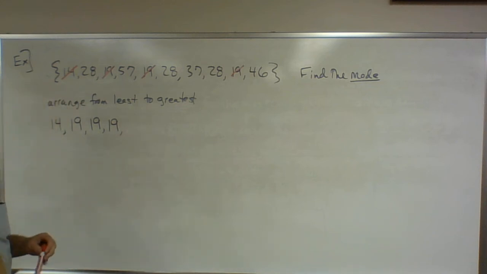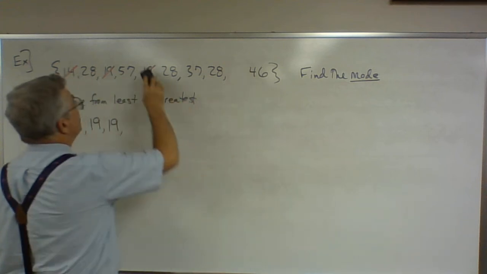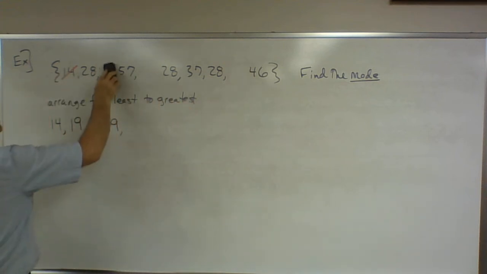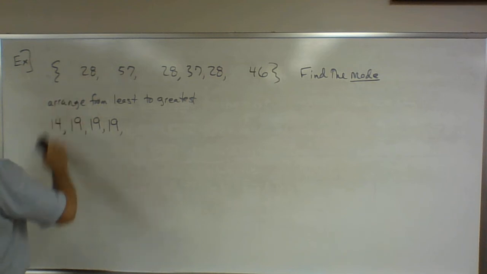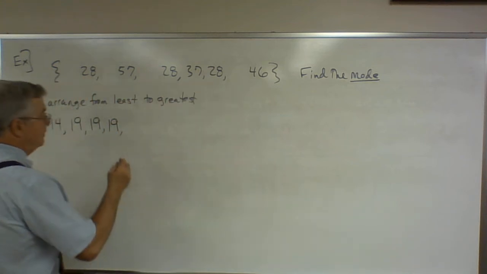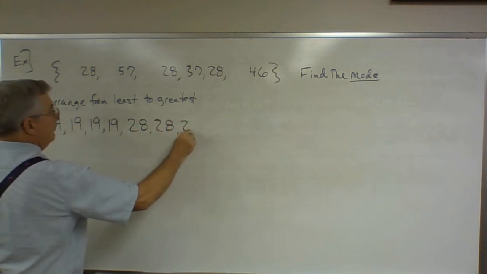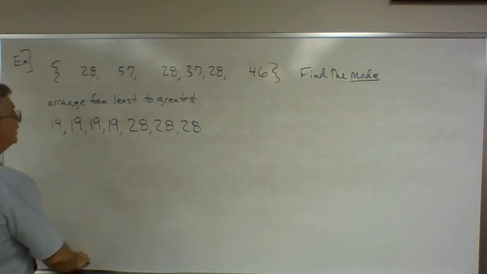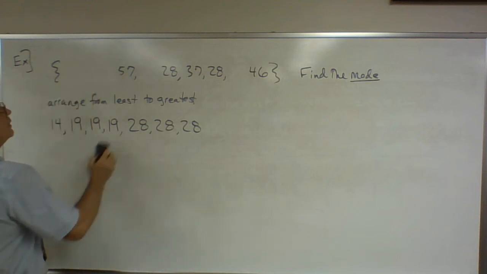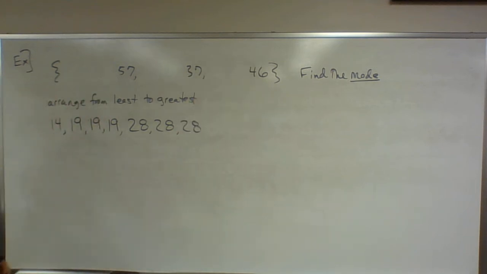As a matter of fact, I think I'm going to erase the ones that I've already used, and everything else will stand out a little bit better. The smallest value now is 28. And I've got 3 of those. Gone one 28, gone another 28, gone a third 28.